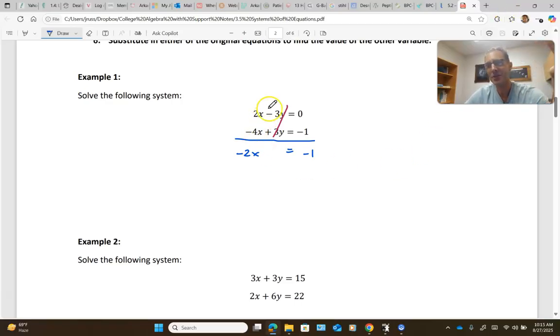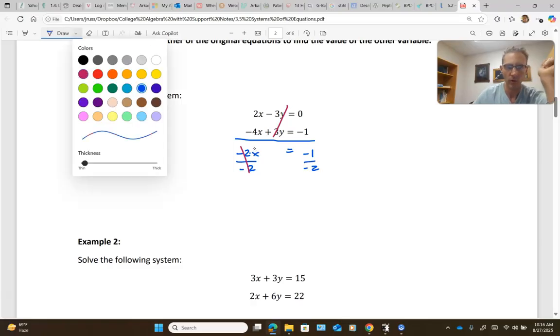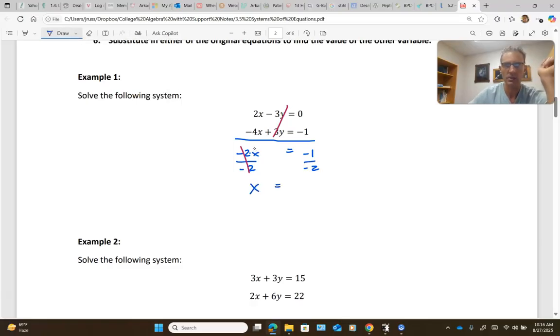And so guys, once you eliminate one of those terms, you have an equation in one variable. And we can solve this one. You would solve this one by dividing both sides by negative 2, because the x is getting multiplied by negative 2. So we do the opposite. On the left-hand side, negative 2 divided by negative 2 leaves us with 1x equals, and then on the right-hand side, we're just going to be left with a fraction.